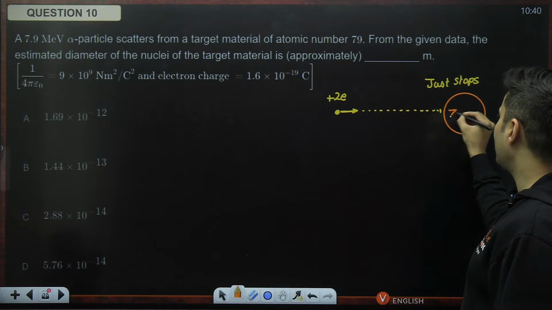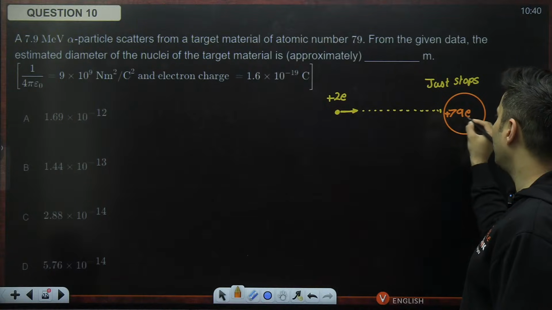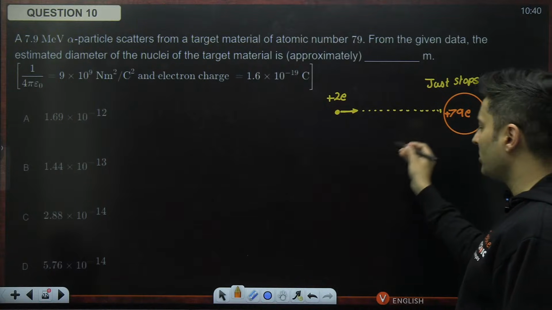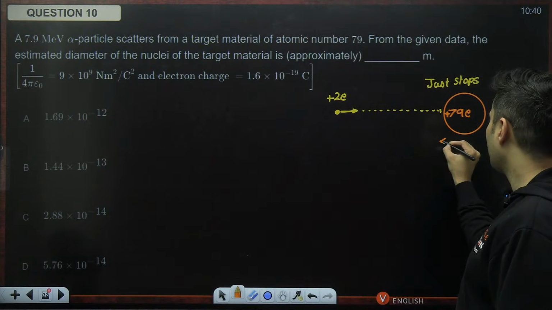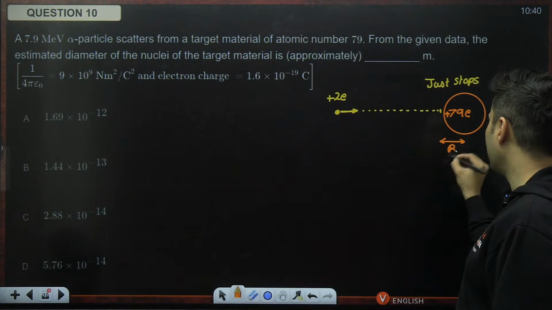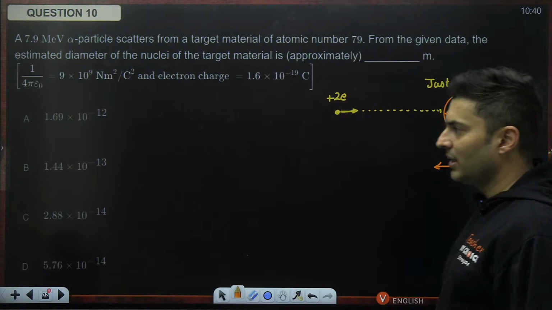This has a positive 79e charge, and it just stops before returning. The question is, what is the diameter? Well, we know this is nothing but the radius, and this is nothing but the diameter. We have been asked what the diameter is.